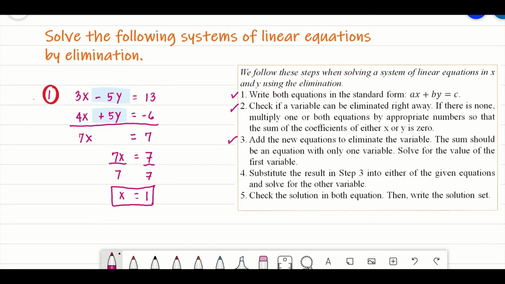Next, step 4: substitute the result in step 3 into either of the given equations and solve for the other variable. Now that we have the value of x, we will solve for the value of y. You can use either of the equations given. In this case, let's use the first equation, which is 3x minus 5y equals 13.